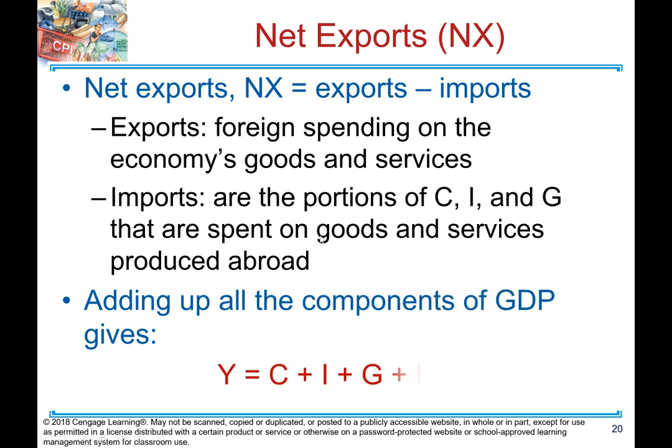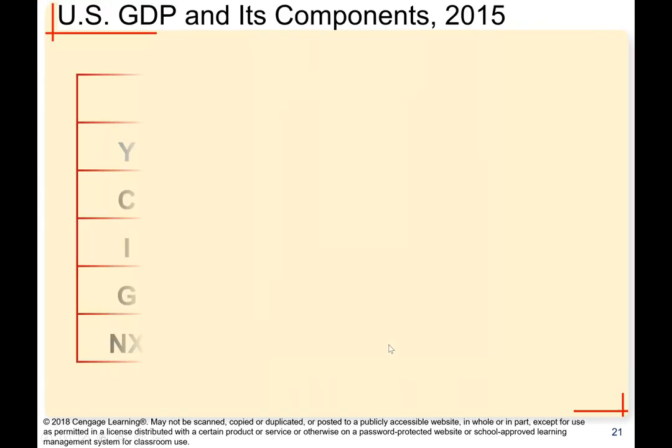Net exports are calculated as exports minus imports. Exports are foreign spending on the economy's goods and services. Imports are the portions of consumption, investment, and government that are spent on goods and services produced abroad. Adding up all the components of GDP gives Y equals C plus I plus G plus NX.